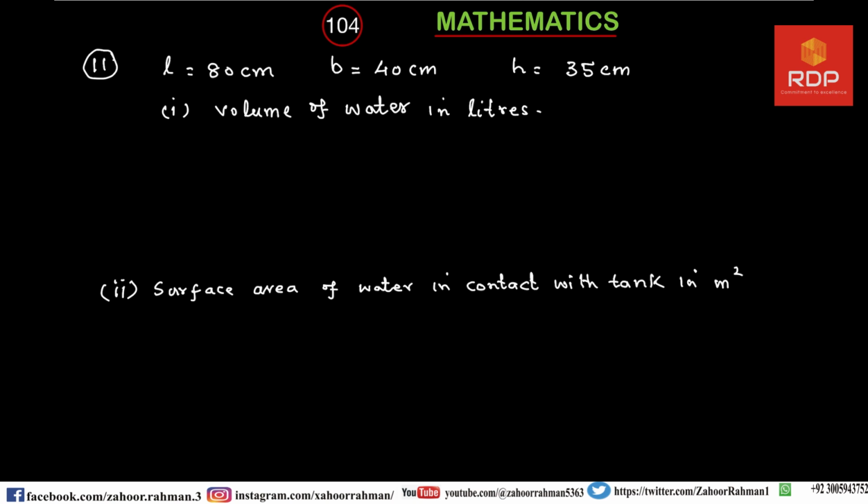In the first part they are saying find the volume of water in the tank, giving your answer in liters. So keep in mind this is important, other things are easy, but here we have to convert the answer to liters.